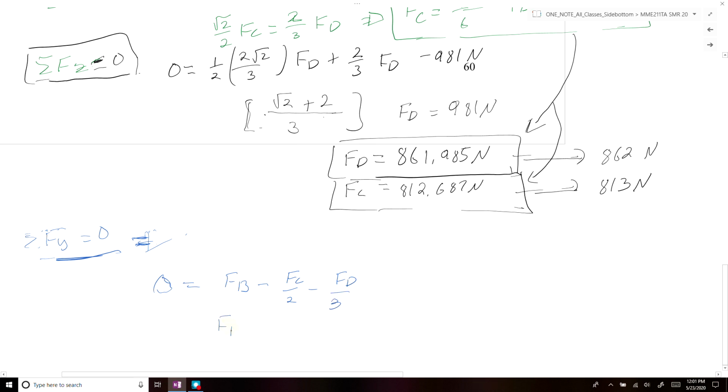So we can say FB is going to be equal to 1/2 times FC, which is 812.687 newtons, plus 1/3 times 861.985 newtons. If we multiply all that out, we end up getting 693.672 newtons, which we can round to 3 significant digits as 694 newtons.